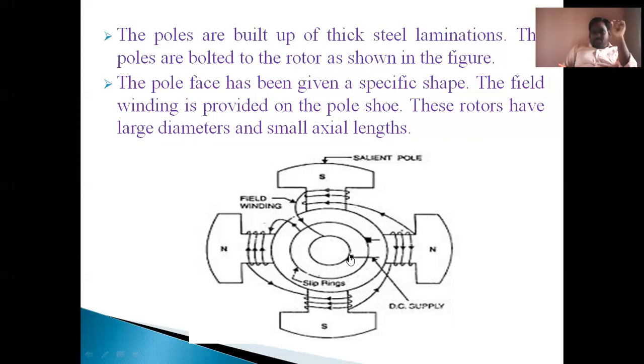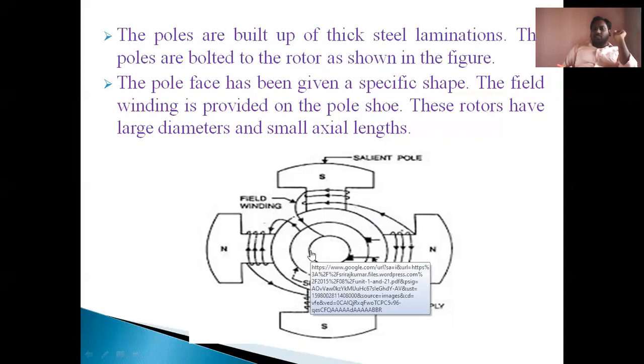See here, the total diameter is large, but the axial length is small. This is the nature of a salient pole type rotor.